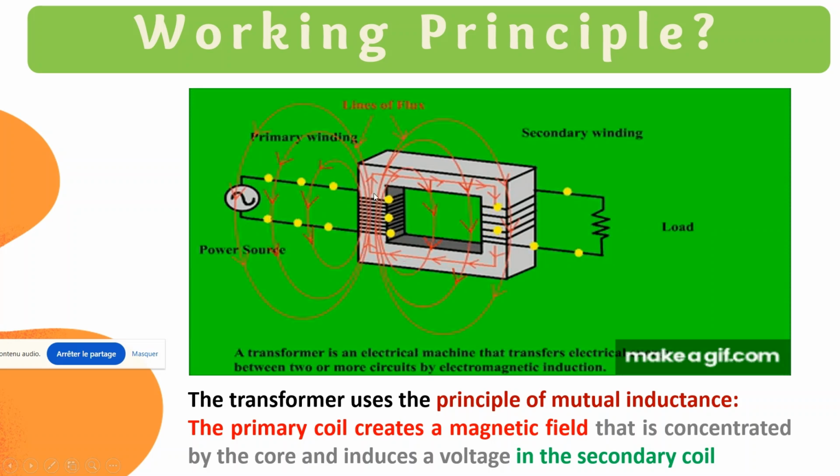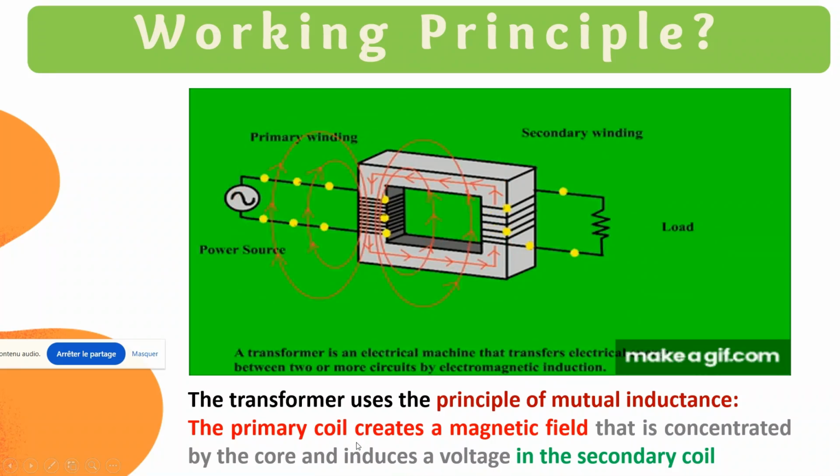But once we use a ferromagnetic metal, which is steel, it concentrates and preserves the magnetic field, and this will induce a voltage in the secondary coil.